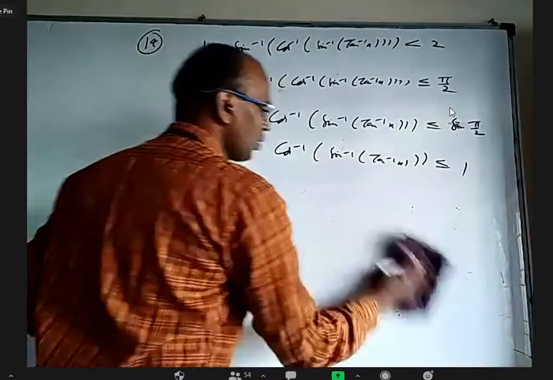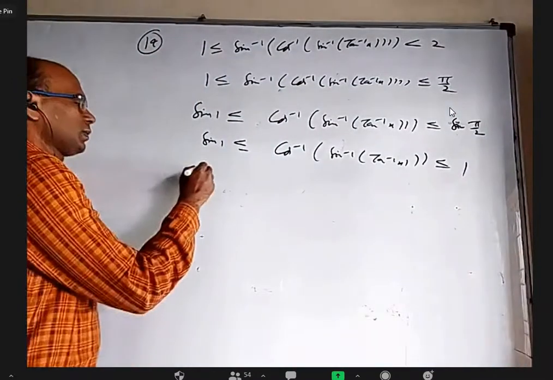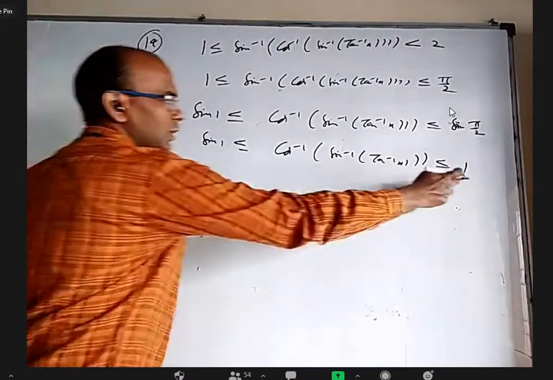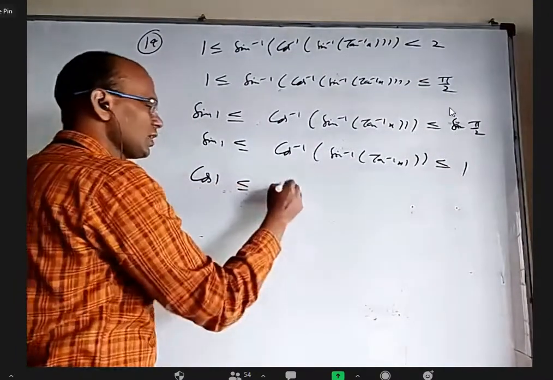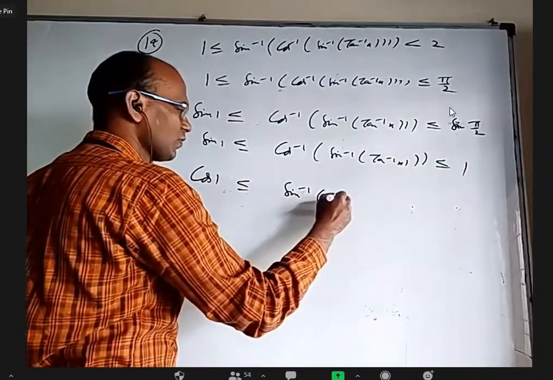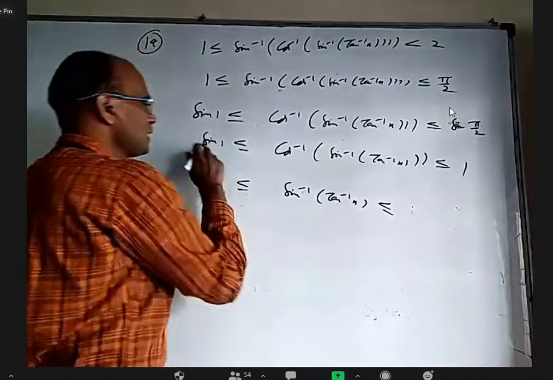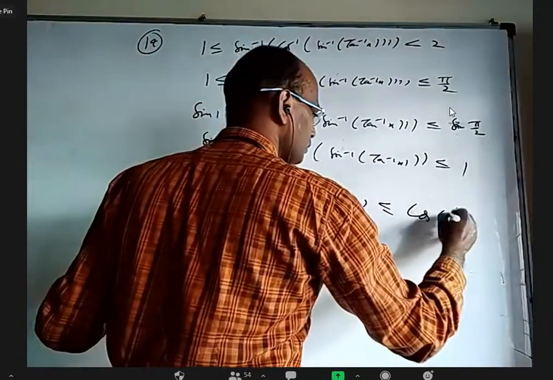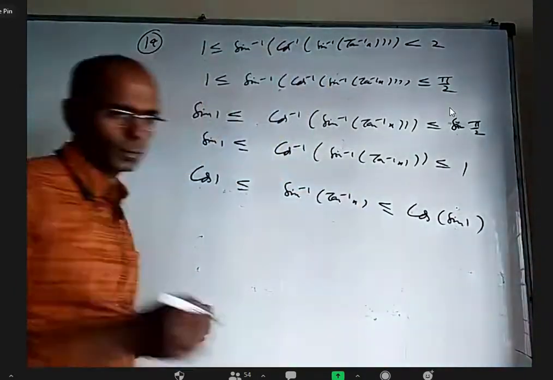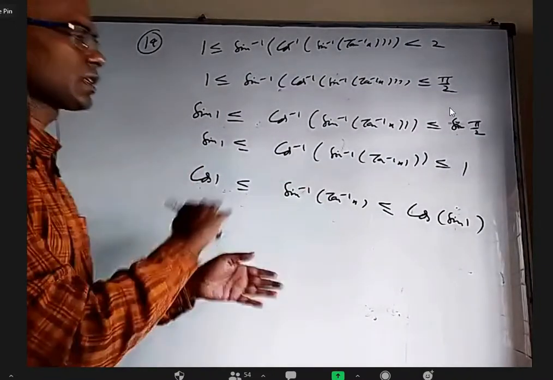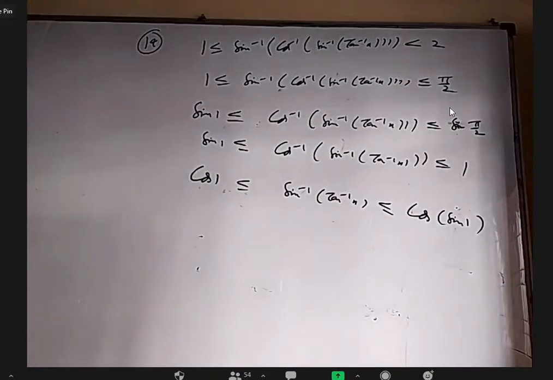So when I apply cos, I will get cos 1, less than or equal to sine inverse of tan inverse x, less than or equal to cos of sine 1. Please understand the inequality got reversed because cos is a decreasing function.